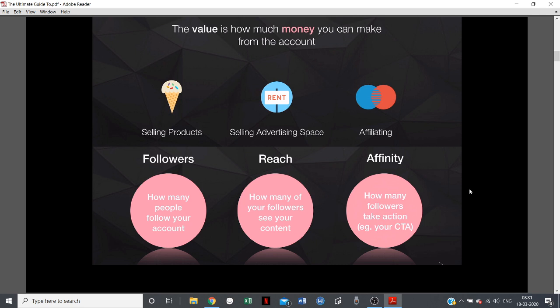Was there any traction on this? Did people actually engage with your brand, get onto the landing page, make inquiries, make a phone call, or was your content lost in the clutter? Was the reach poor? You also have to check the metrics for this, which Instagram does a great job of.